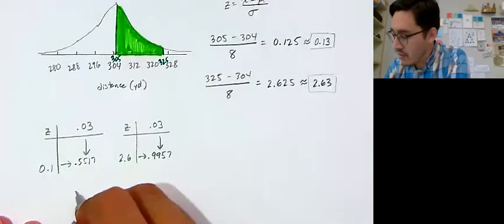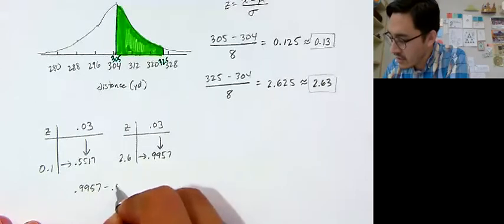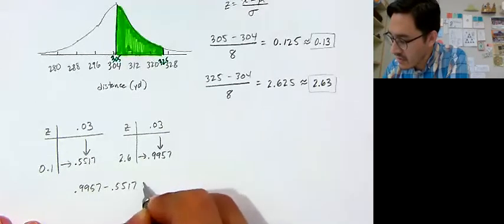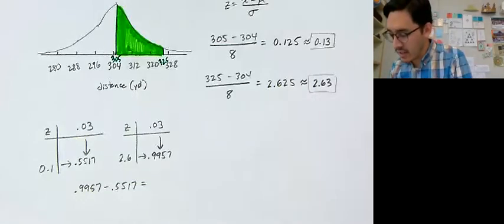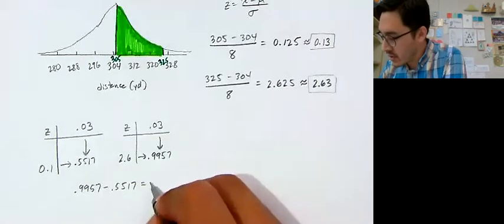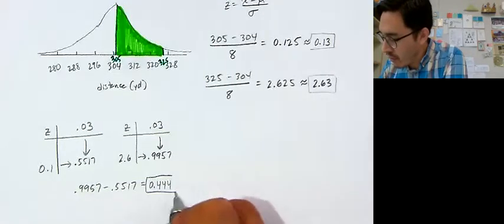So if we take 9957 minus 5517, we should end up with a value that's a little bit less than 50%. It's 0.444, so about 44%.